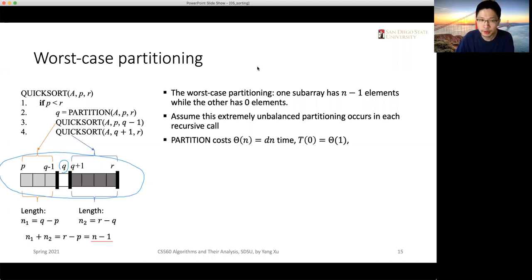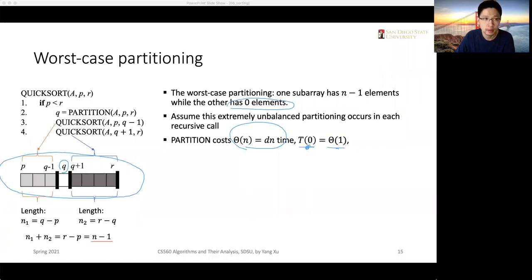The partition procedure itself is a linear time function because it's basically a for loop. When the input has 0 elements, then it's constant time.